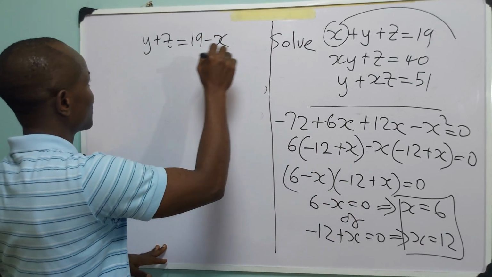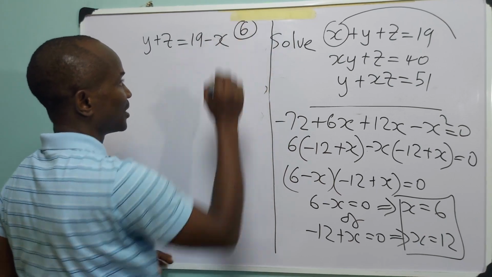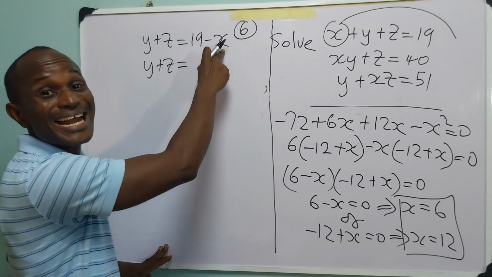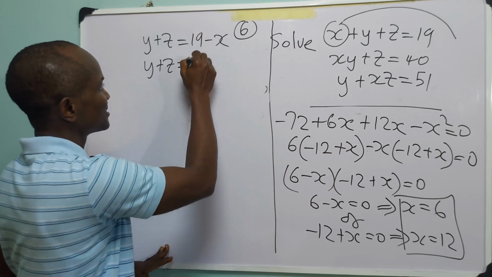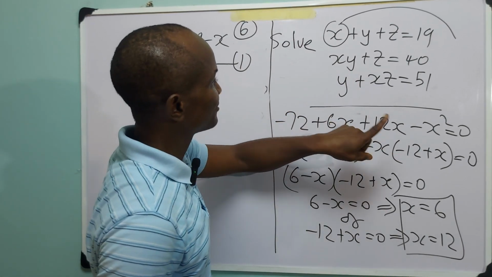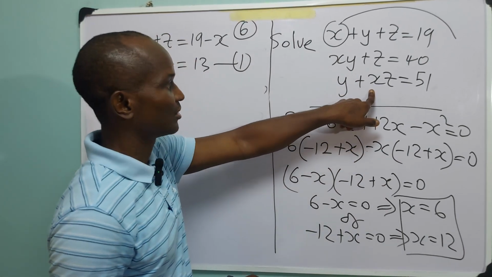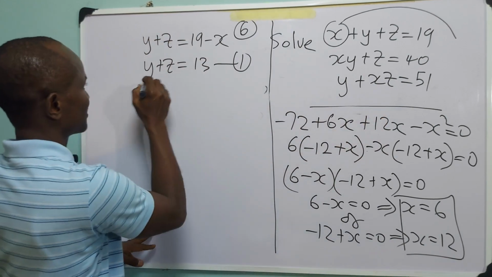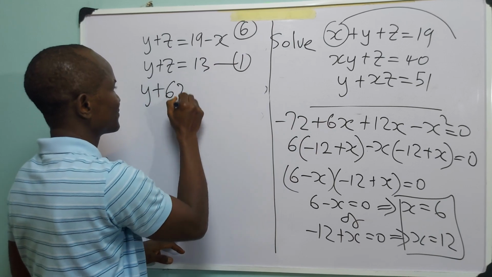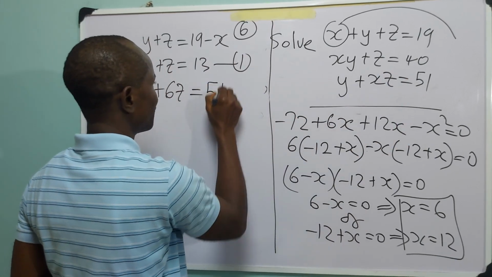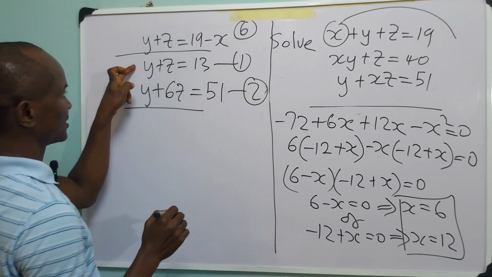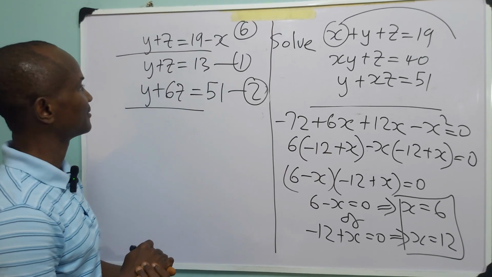So when x is equal to 6, we have that y plus z is equal to 19 minus 6, which is 13. Let this be the first equation. And then substituting into the third equation, remember that x is equal to 6 now. So we have y plus 6z is equal to 51. This is equation 2. So we can solve these two equations simultaneously.